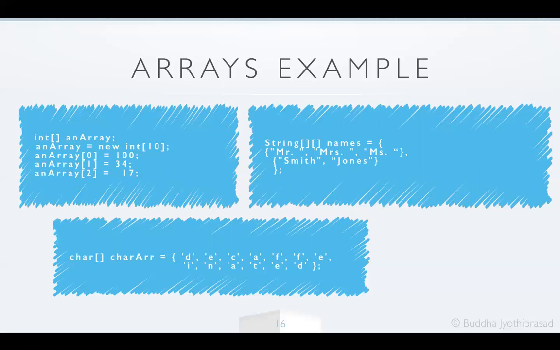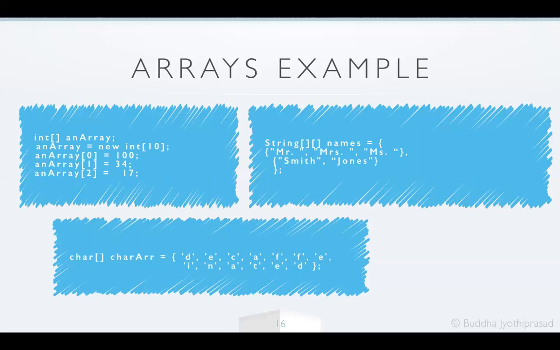An array equals new int of 10. Generally whenever I read int of 10, it is either in square brackets or in round brackets. What that line new int of 10 says is, now I'm creating an array that can hold 10 integer values.